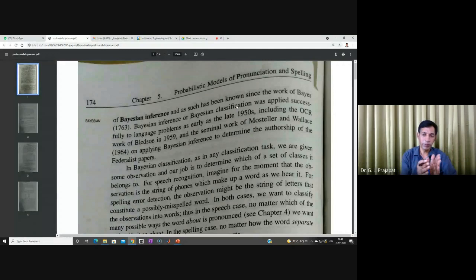This is the case of speech recognition, a field where computer scientists and electronics people can both work. Mathematicians are also required here, because everything is probabilistic and mathematics is highly needed.